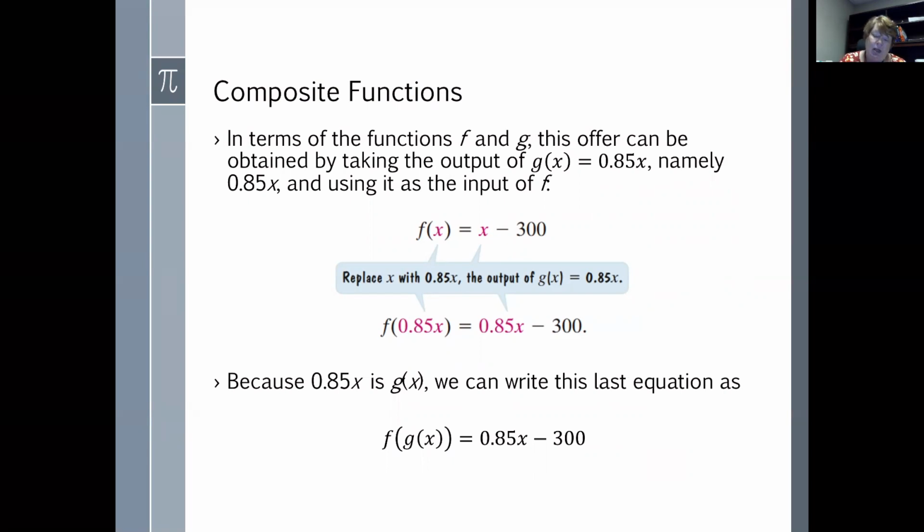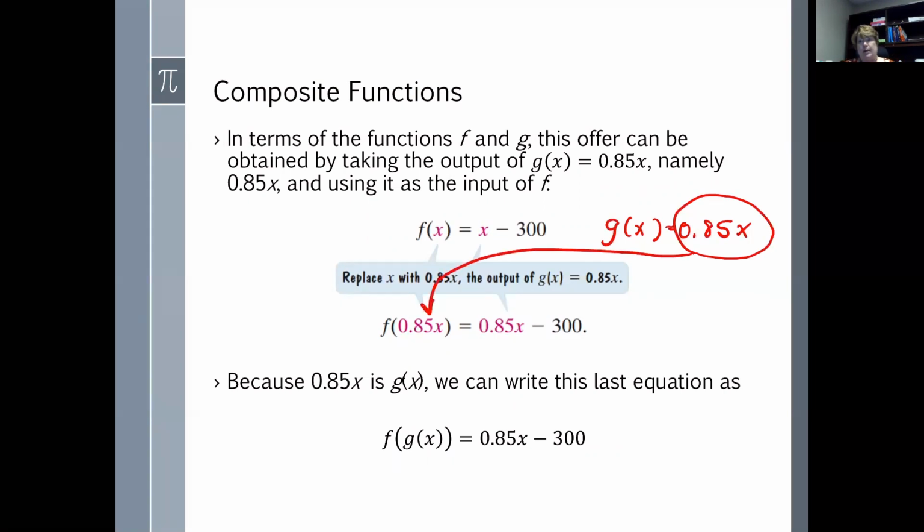So this is how we compose two functions together using the composite. So the function g was 0.85x. So the input of g was x, and its output was 0.85x. And we took this output of g and we made it the input of f.